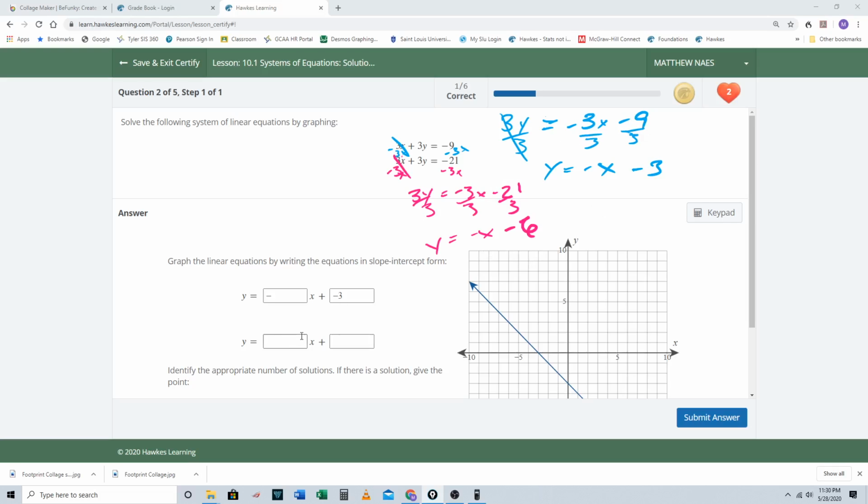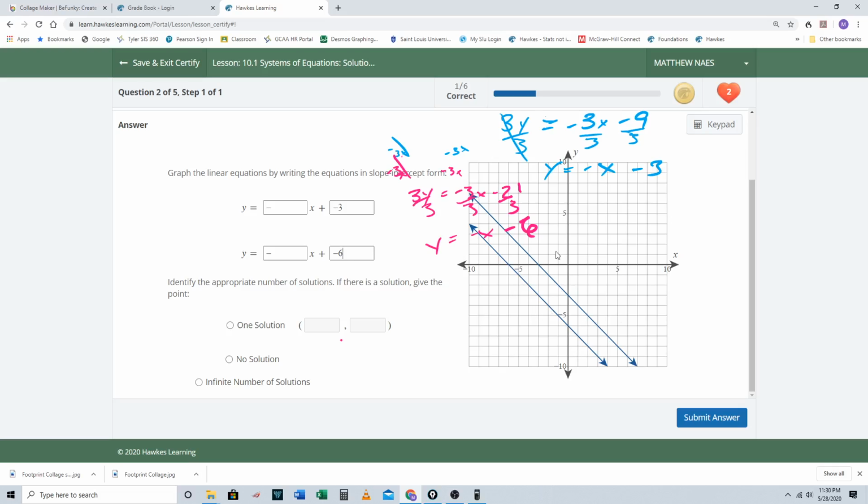Let's plug that in. So notice we have the same slope, but that right here is a different number. So looking at these two lines, they're parallel, so there is no solution.